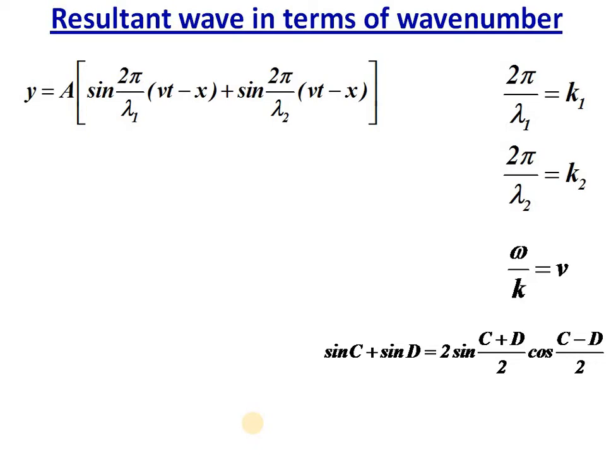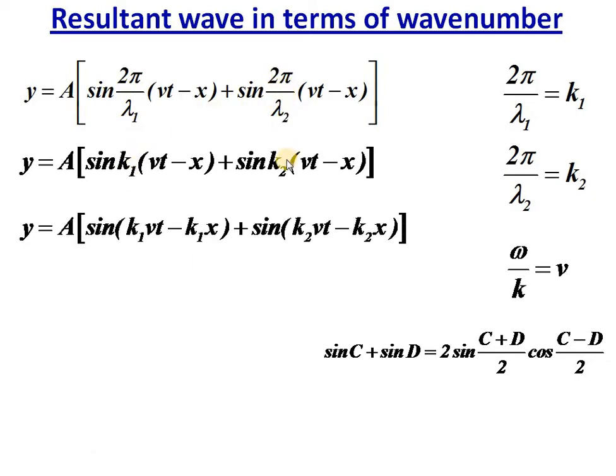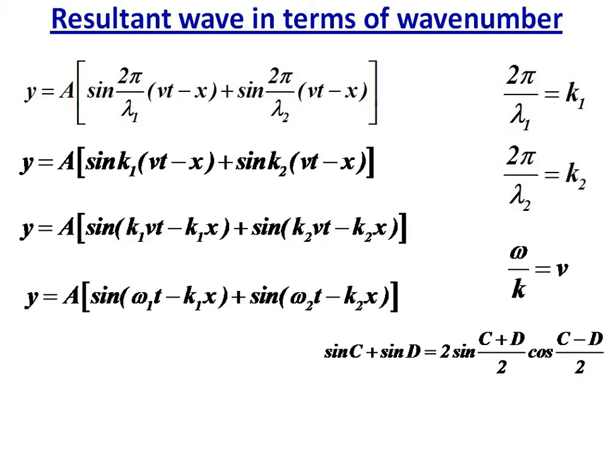For that, again let us write the waves together. Two waves in superposition, and we can write them in terms of wave number. You know 2 pi by lambda is k1, we have written here. 2 pi by lambda is k2, we write here. And we know kv is equal to omega. We can place it as omega 1, and this one as omega 2. So we can write the resultant wave as a sine omega 1 t minus k1x plus sine omega 2 t minus k2x.